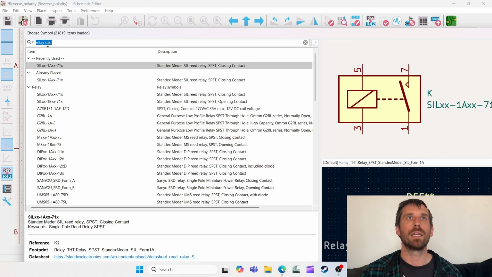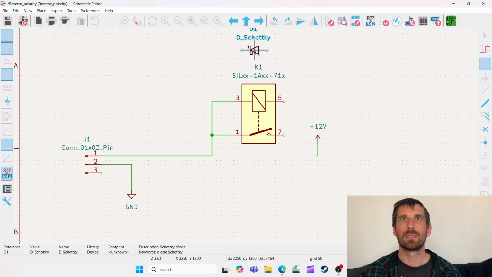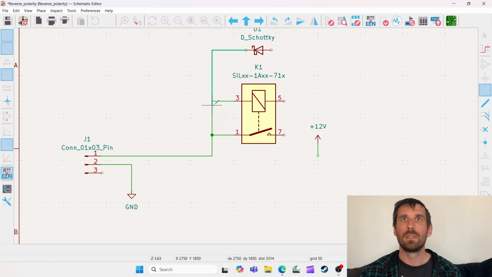Remember, we need, let's just use a Schottky diode. Always got to have your flyback diode. We put that in there. Flyback diodes clamp crazy amounts of voltage when this coil turns off.